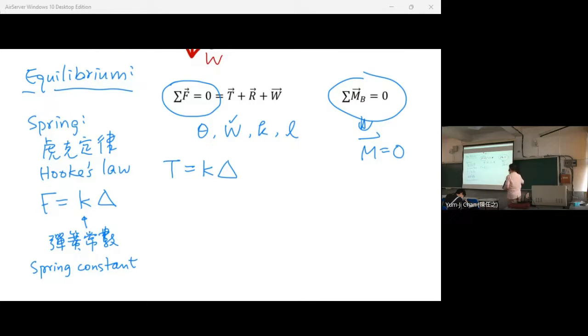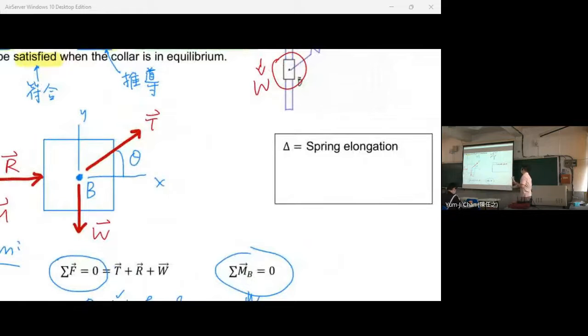Now T is equal to K delta, and what is delta here? You write it down, and then I will come back in a minute. So let's go back to say delta is the change of length, right?